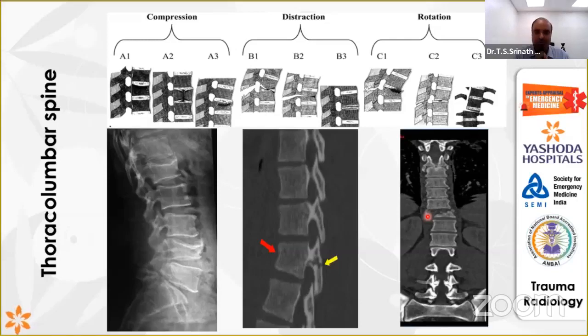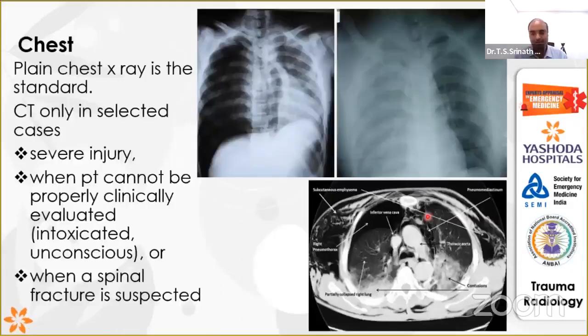Sometimes some other injuries you may miss. For that sake, you can always subject them. And also if you're suspecting thoracic fractures, then it's important for you to subject the patient to the CT scan. Next slide, please.